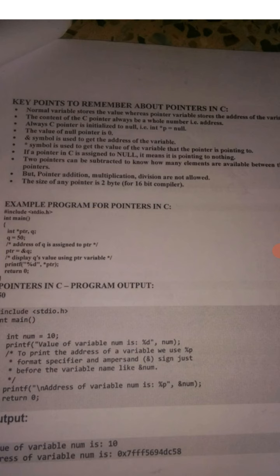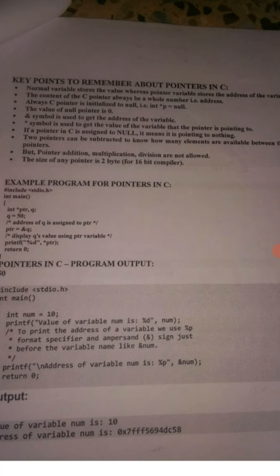If a pointer in C is assigned to null, it means it is pointing to nothing.